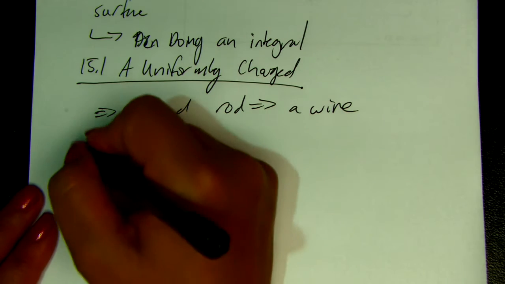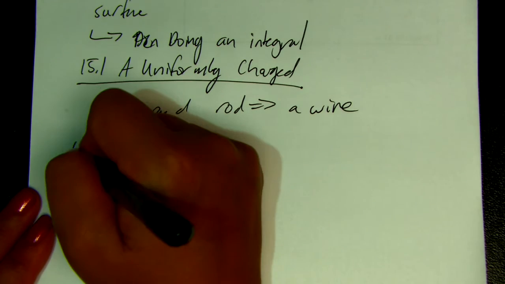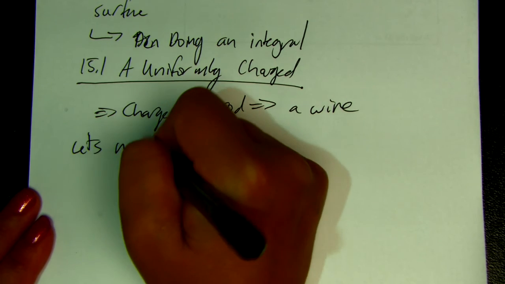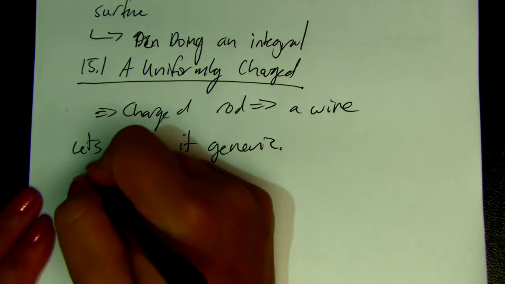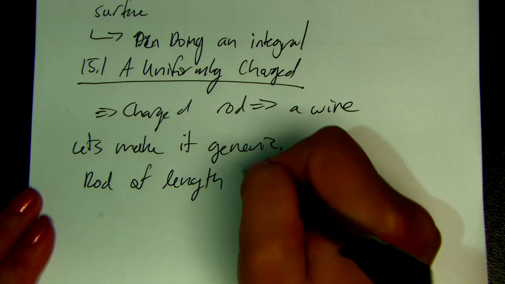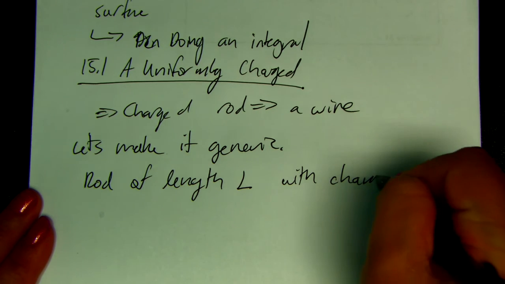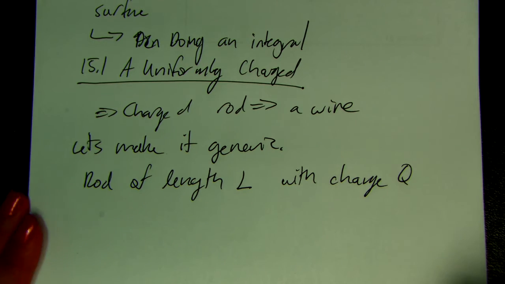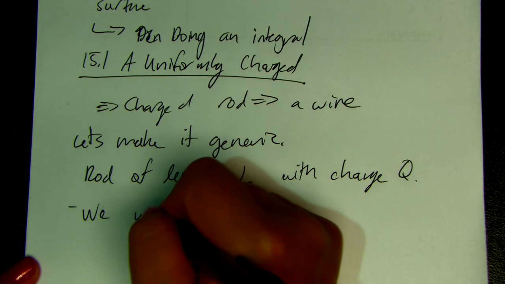All right, so to derive the expression for the electric field of a wire, we'll make it generic. And so we'll do a rod of length capital L with charge capital Q. And we're going to observe at the midpoint.